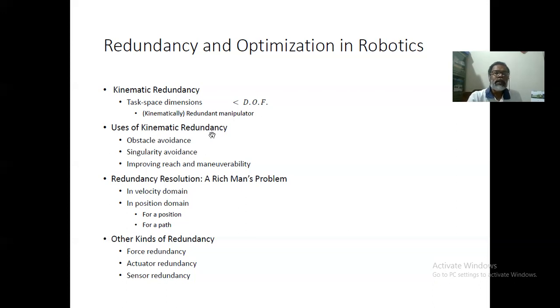In avoiding obstacles, sometimes more degrees of freedom help.